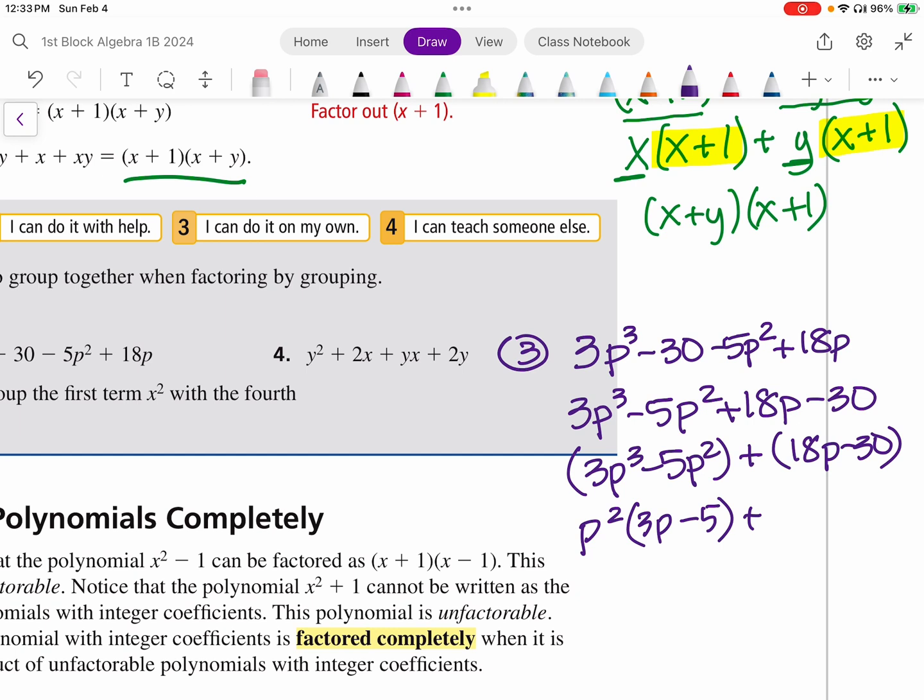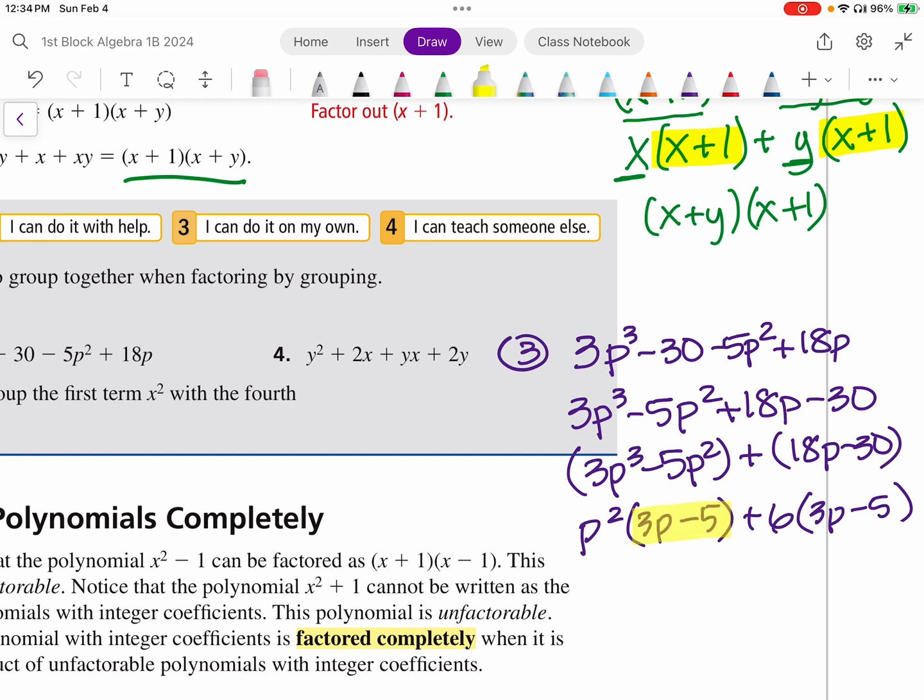Is there a bigger number? 4? No. 5? No. 6? Yes. 6 times 3 is 18, and 6 times 5 is 30. So let's try that. We factor out 6. 6 times 3p equals 18p, and 6 times negative 5 equals negative 30.